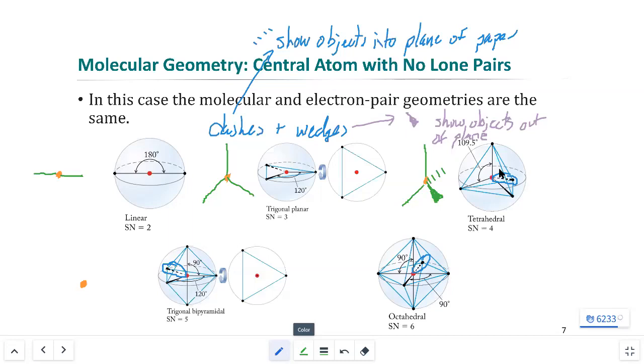You can draw it to show all three of these in the same plane, with the two positions up and down coming in and out at you. That's one way to do it, but I would say that this is the less conventional method.